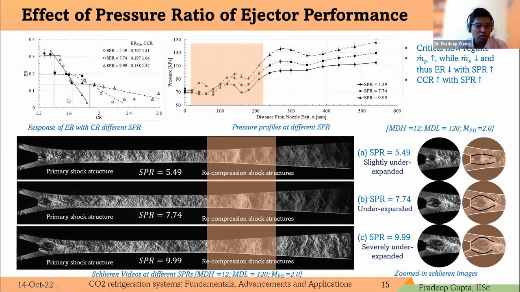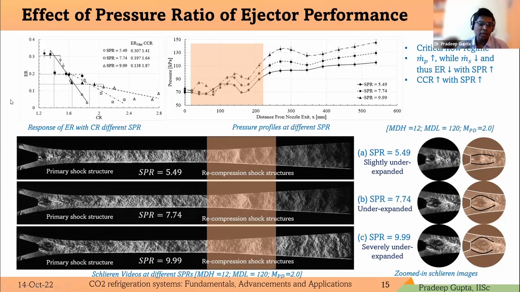So with a slight change in the ambient, and a slight change in the pressure values of the motive and secondary flow, the ejector still operates in this critical or design operation by changing the entrainment ratio and the critical compression ratio based on the operating condition.